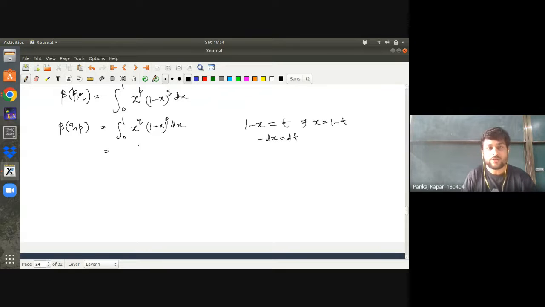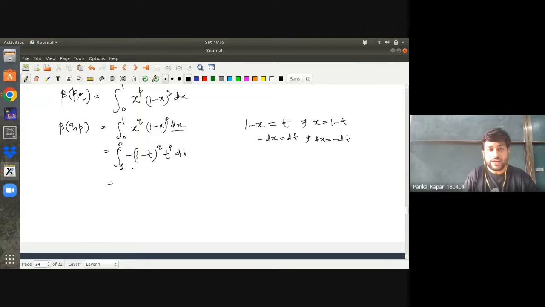In the place of x we will write (1 minus t) to the power q, and in the place of 1 minus x we will write t, so this is t to the power p. Now dx is minus dt. And what is the range of the integral? When x becomes 0, t will become 1. When x becomes 1, t will become 0. So this is our integral.